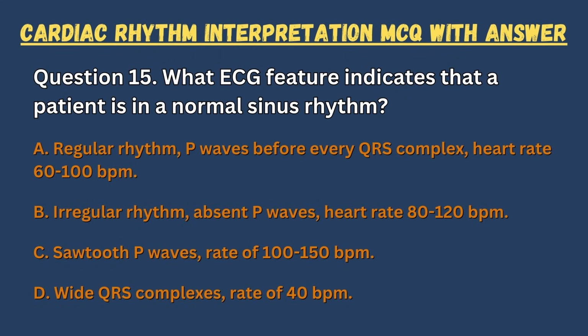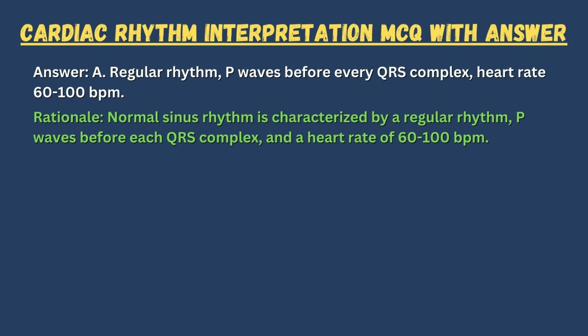D. Wide QRS complexes, rate of 40 BPM. Answer: A. Rationale: normal sinus rhythm is characterized by a regular rhythm, P waves before each QRS complex, and a heart rate of 60 to 100 BPM.